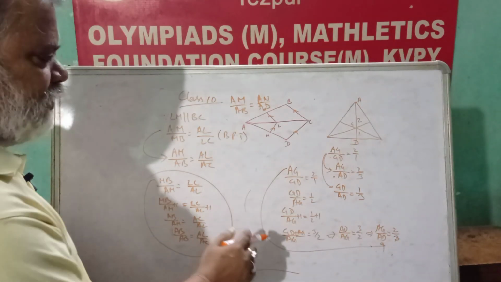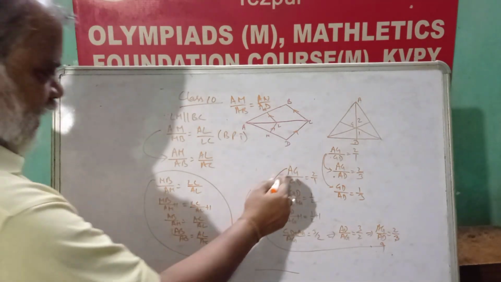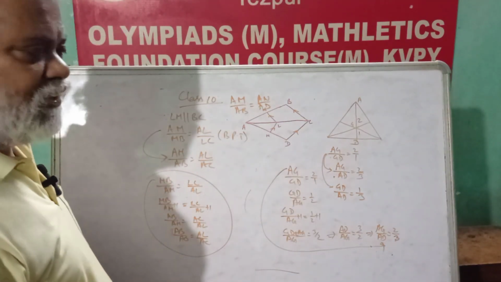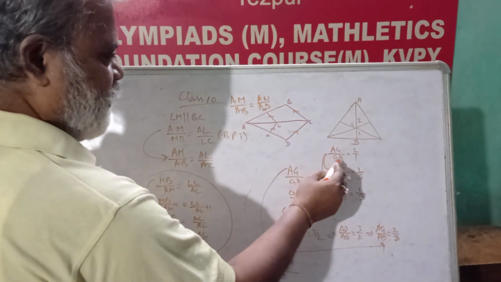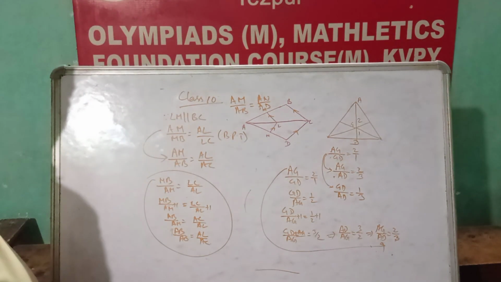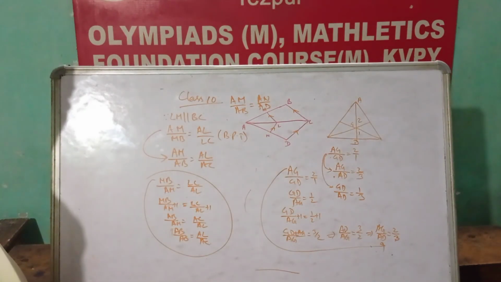Only when the statement says you have to prove it do you move in this way. But here it has not been asked to prove it, so you can move directly. Same is the case here.